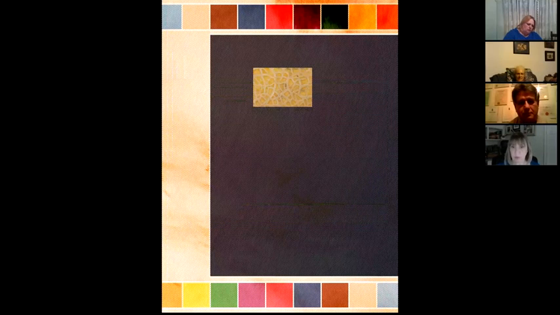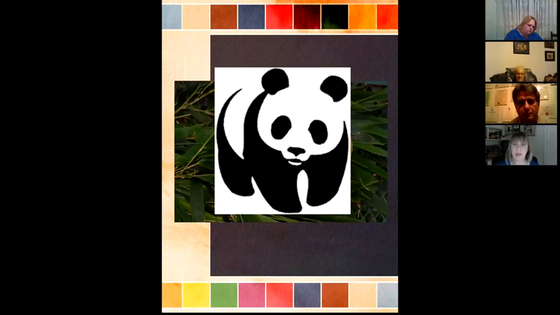Now, what do you see here? I'm sure you're all saying a panda, right? Yeah. Panda. So why are you saying a panda? Why are you not saying there's a couple of dots here, blobs here, here's a blob, and here's some big blobs?